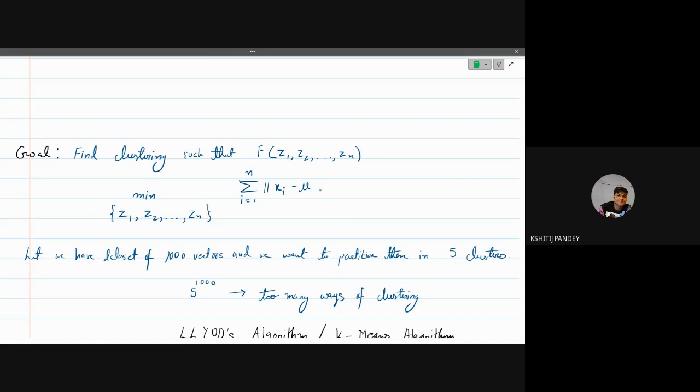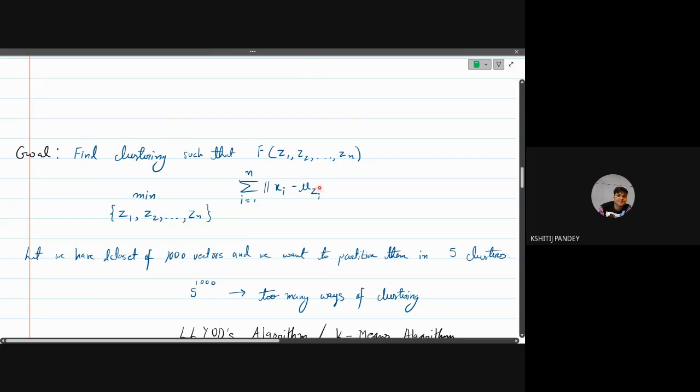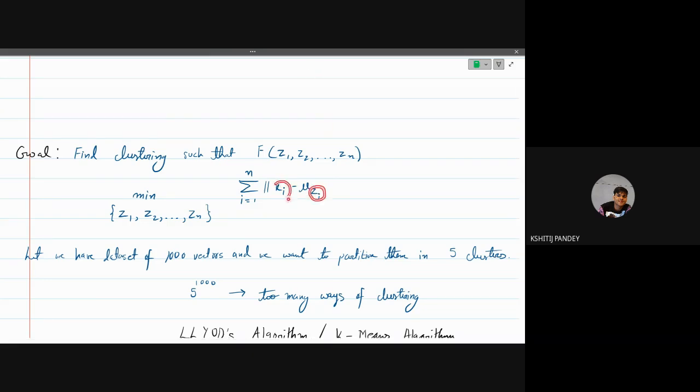If your xi point belongs to cluster zi, note that this is the cluster indicator for xi, and this will take some value like 1, 2, depending on the cluster where this point belongs. So this is now your objective function. We want to minimize this.